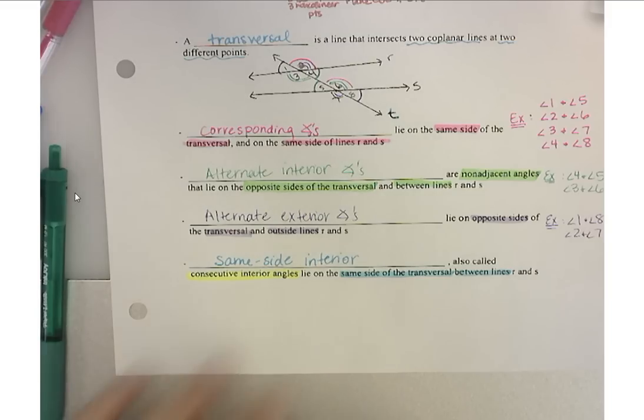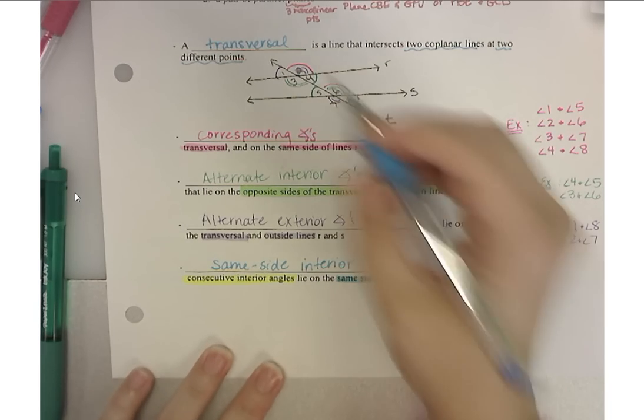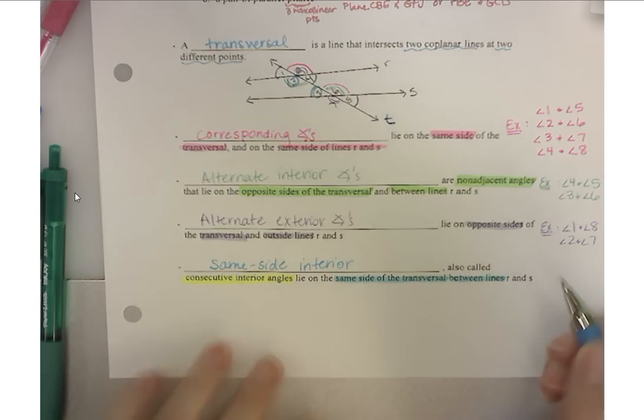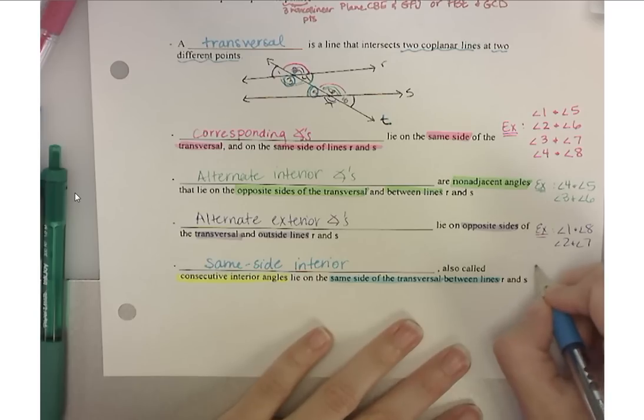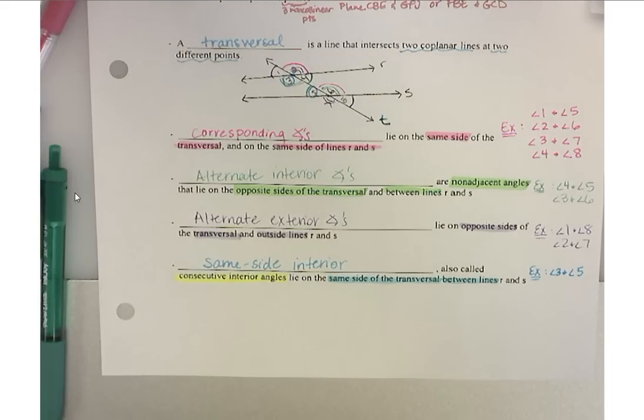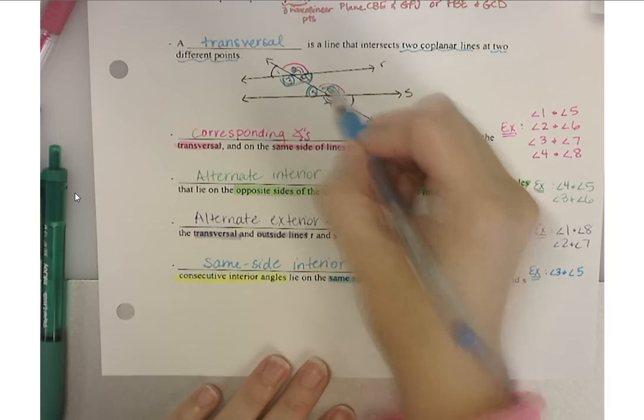For the same side interior, it's going to be 3 and 5. So your example is going to be angle 3 and angle 5. The other pair is going to be 4 and 6.